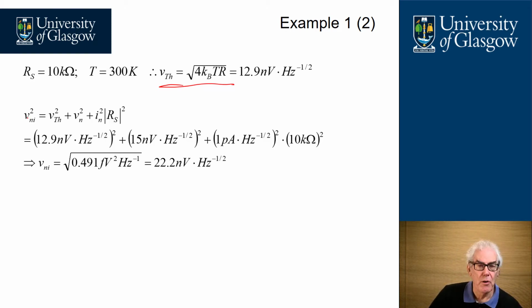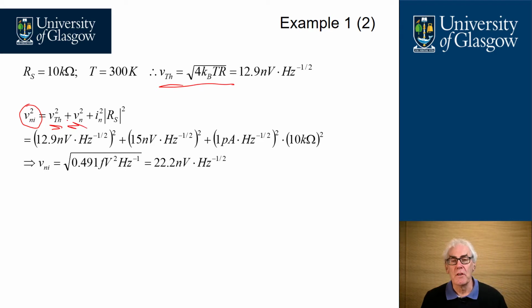We want to work out all the noise sources, so the total input noise is the Thevenin noise due to the impedance of the source resistor, Vn, which is the noise voltage from the amplifier itself, and then we have this term here, which is the noise current, generating a noise voltage across RS. Plugging in these numbers, we land up with 12.9 nV/√Hz, which we calculated up here.